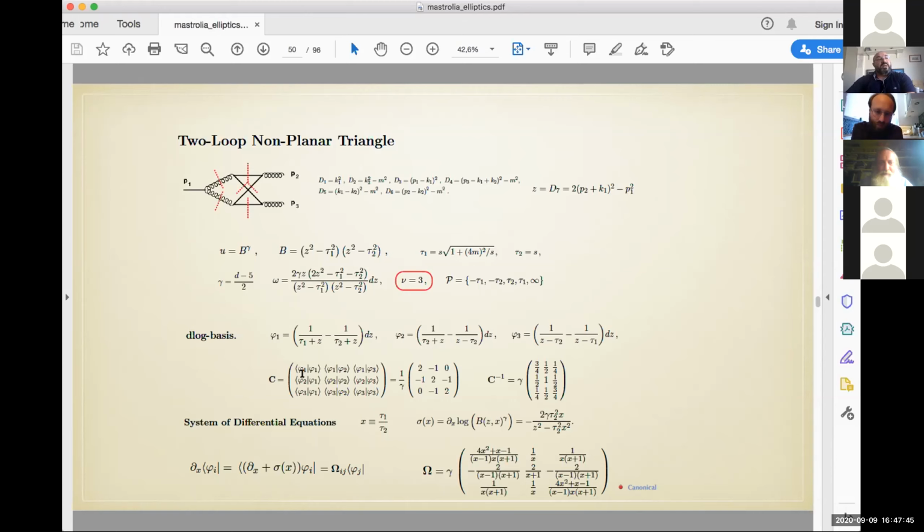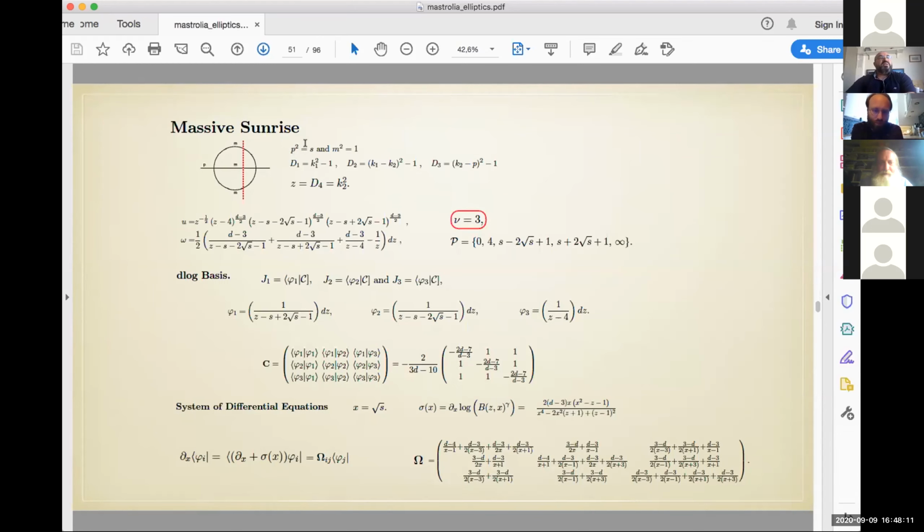We built the intersection matrix, and besides obtaining integral relations, we also built a differential equation that, for instance, is canonical. Gamma is the usual exponent of the Baikov representation, and it's canonical in gamma. Similarly, the massive sunrise also shares the same feature as the two-loop integral we described before.